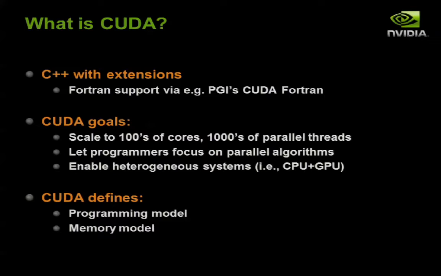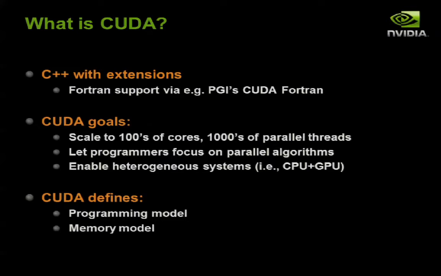So what is CUDA? Actually, since CUDA was introduced, there has been a shift. Originally, it was C with extensions. And somewhere in the various versions of CUDA that have been released, it has moved to C++. So the NVCC compiler, the CUDA compiler, is now a full C++ compiler.